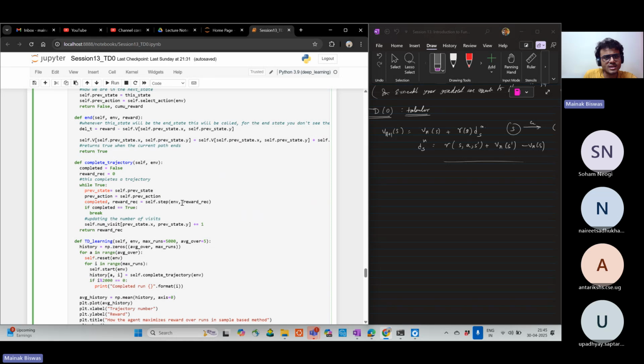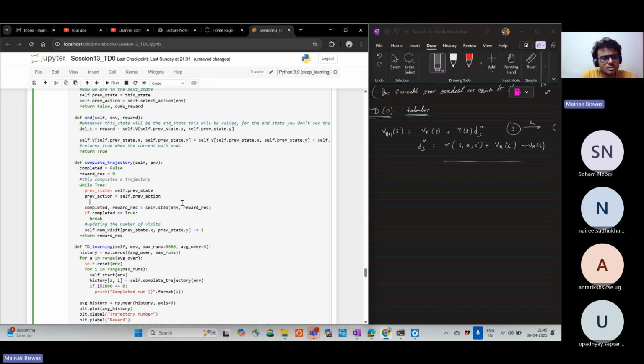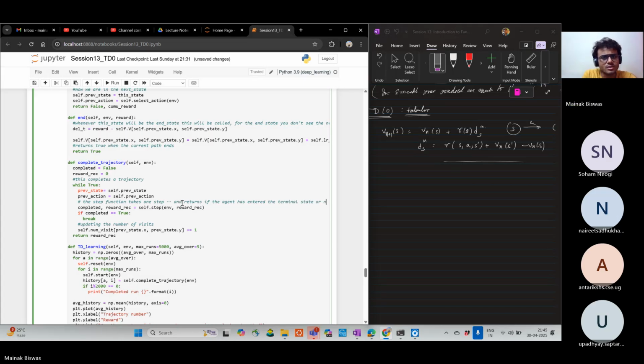So the step function takes one step and returns whether the agent has entered the terminal state or not.